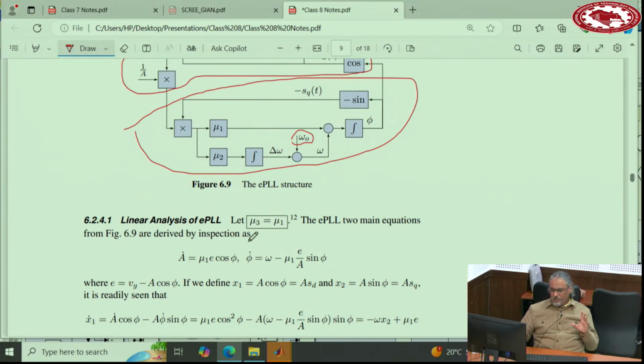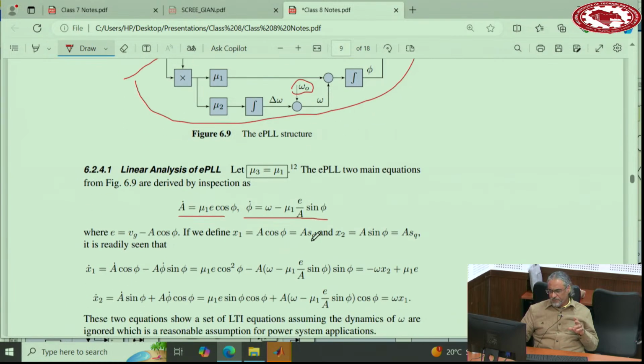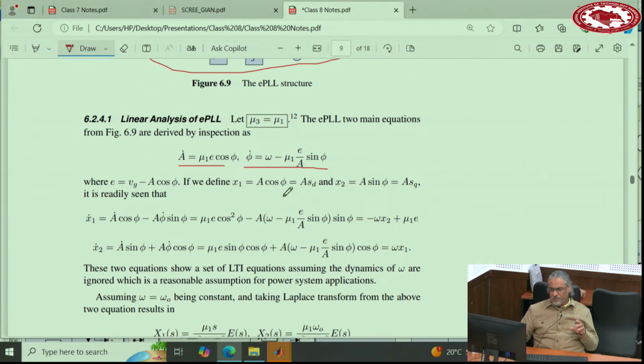Then if you write down the equations, they become this one and this one for magnitude and phase just by looking at the diagrams, right? And then if you manipulate these equations a little bit by defining the new state variables x1 and x2 here, you will end up with a linear equation like this. x1 dot equals negative omega x2 plus mu1 e, and x2 dot equals omega x1.